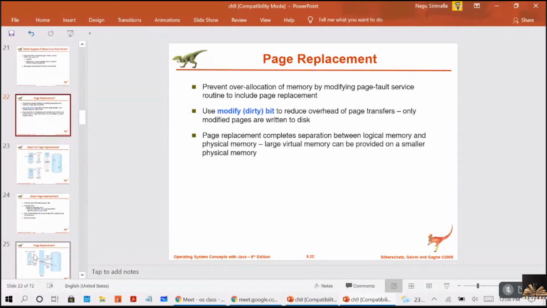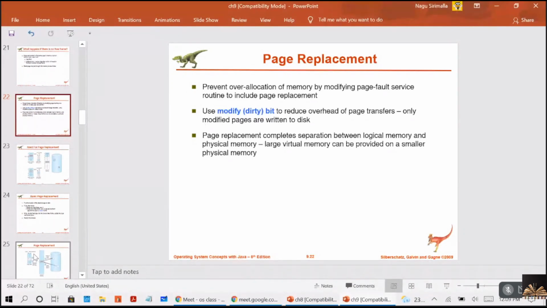And one more thing, we'll be using a separate bit here, called the modify bit or dirty bit, which will reduce the overhead on page transfers. As I told you, swap in and swap out take so much time because you have to write the entire data to the disk. But with the dirty bit, I can understand which pages are actually modified and which are not.